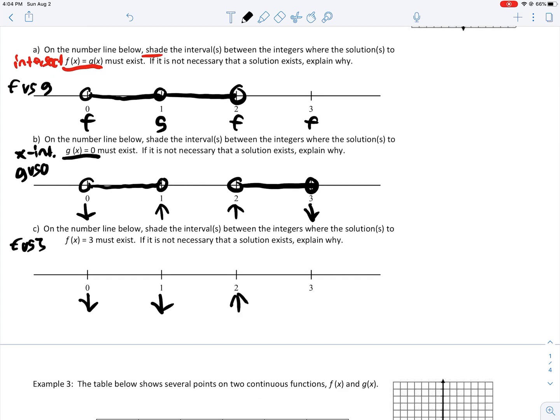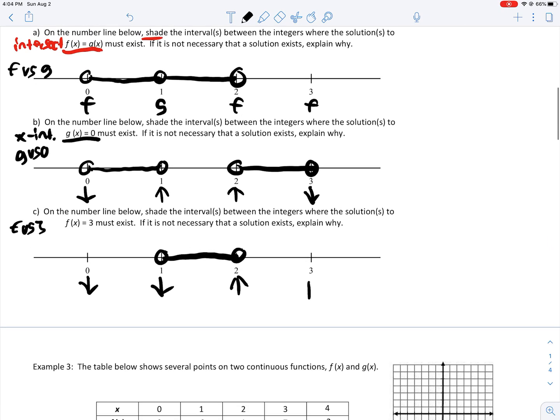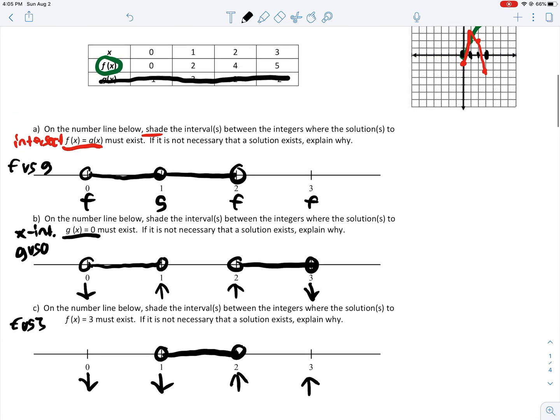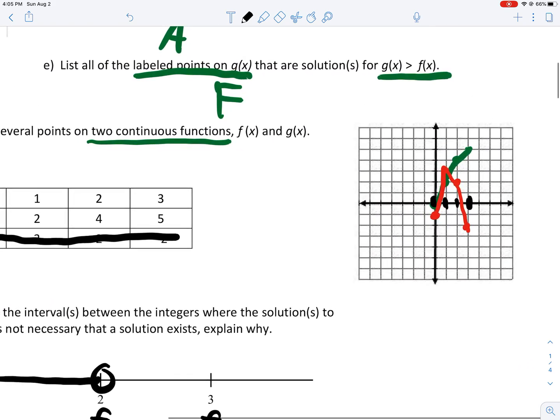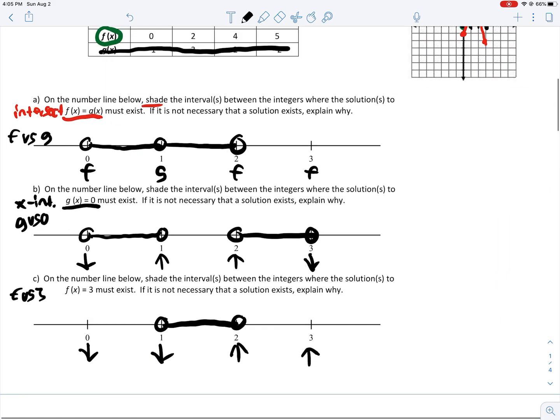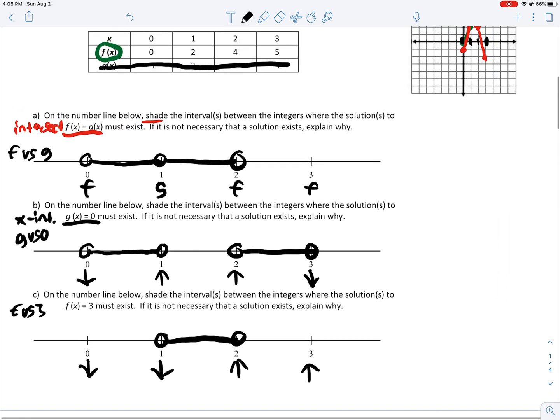That's below 3. When x is 2, it's at 4. That's above 3. So it was below, now it's above. So it had to cross 3. And at 3, it's at 5, which is still above. So between 1 and 2 is my green graph above 3? Yes, it is. Here's 3 right here.